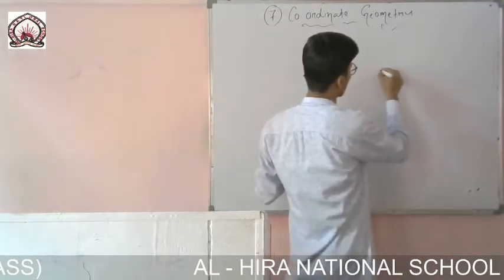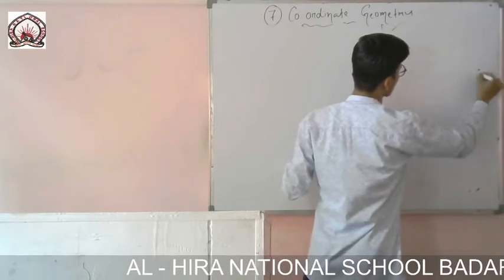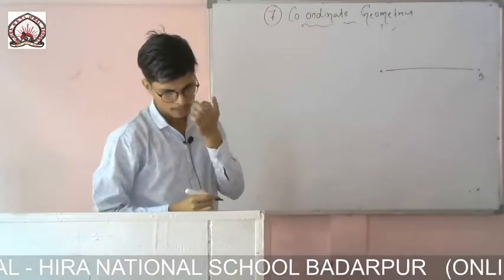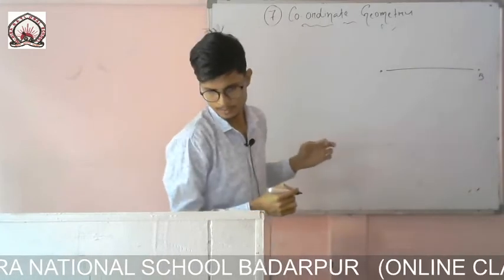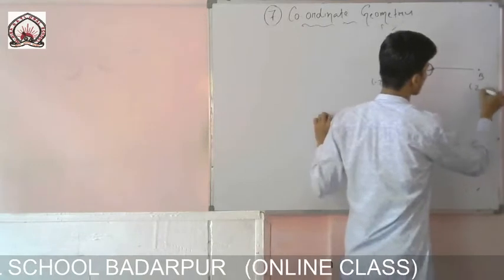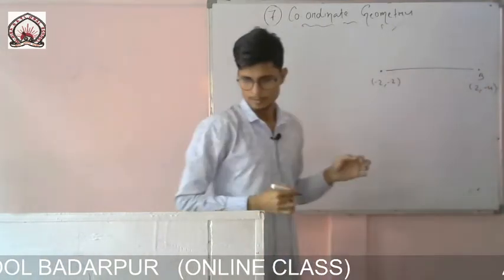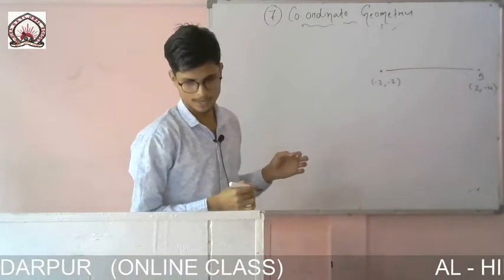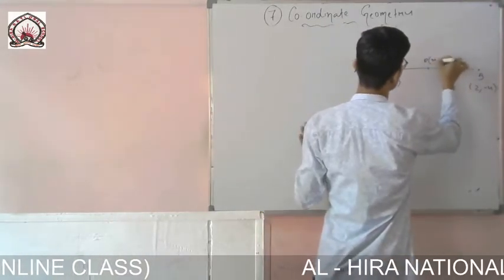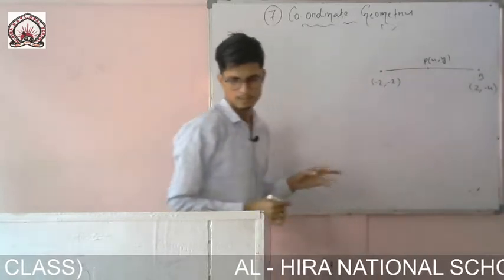Here A one point is given, B one point is given. What are the coordinates given? It is minus 2 minus 2 and 2 comma minus 4, and the point P we are taking as x comma y. So these are the things.